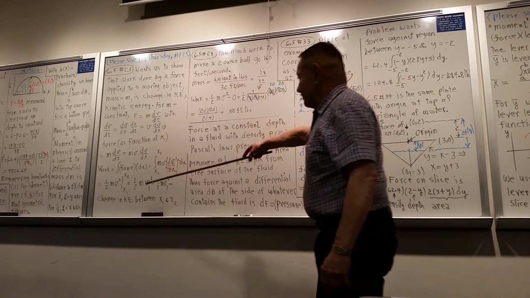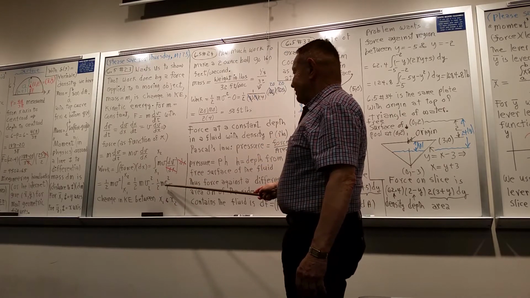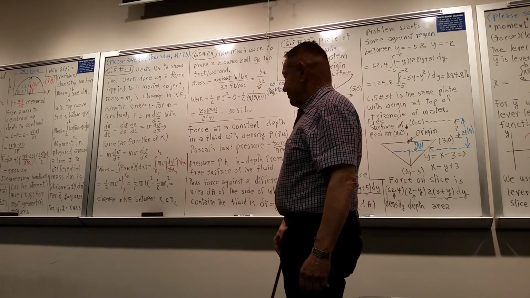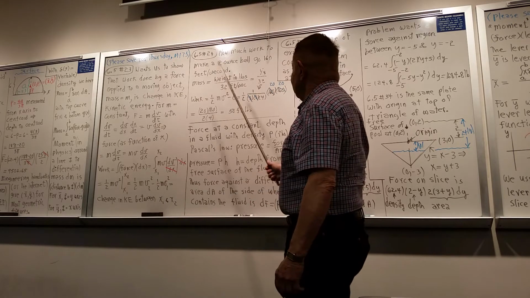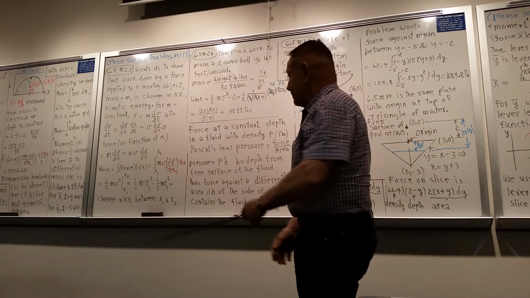So what you want to do is use this idea that it's starting out not moving. So your V1 would be 0, and your V2 would be the 160 feet per second.